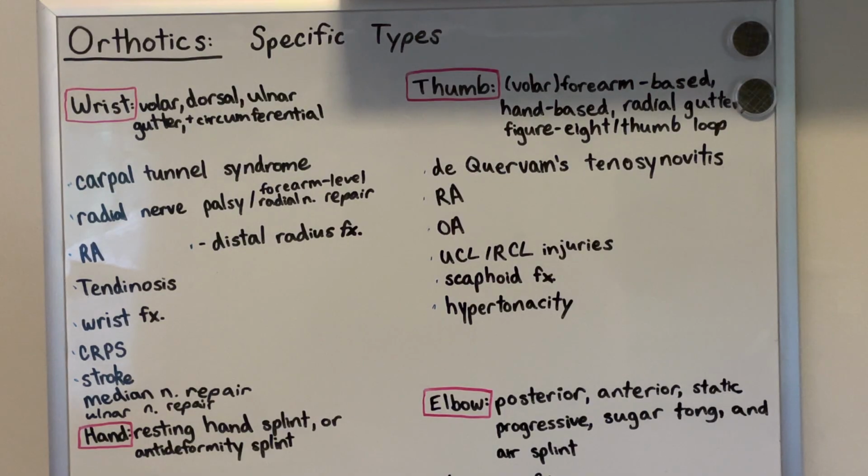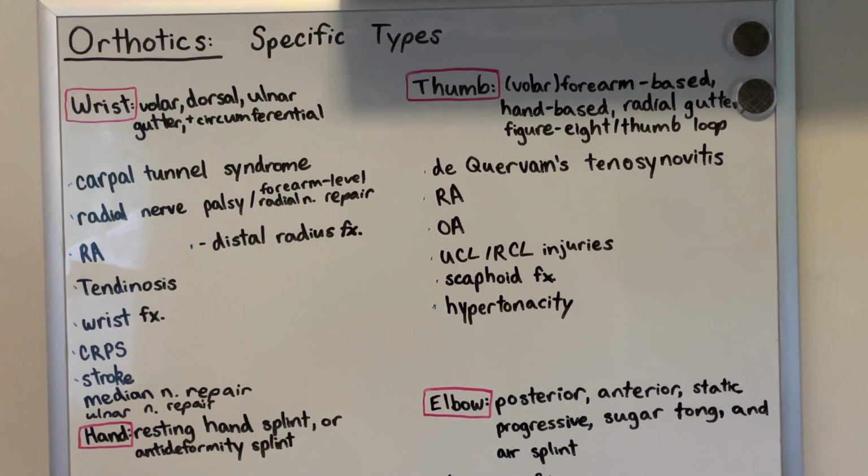Now for a median nerve repair, I think I wrote that in a different section here. Was this the elbow level median nerve repair? I think. But generally speaking, the rule of thumb is to think about the tension of the nerve.